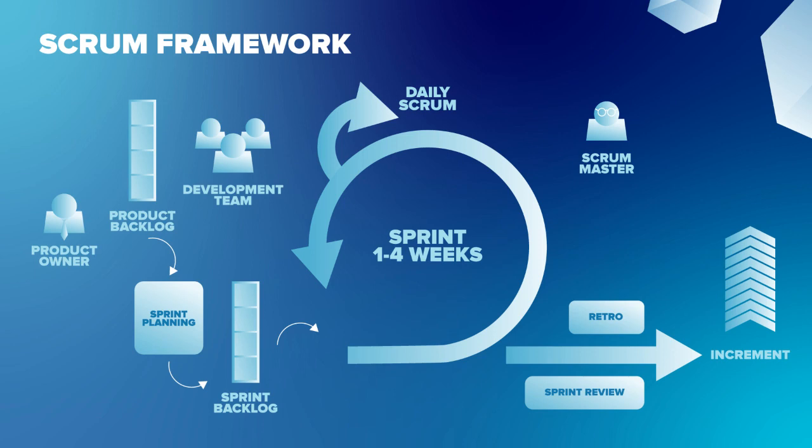A sprint is a 3 to 4 week time period in which the Scrum development team plans, develops, tests, and deploys. At the end of each sprint, we have a sprint review session in which the team demonstrates the completed work, and after the sprint review meeting we have a sprint retrospective session.